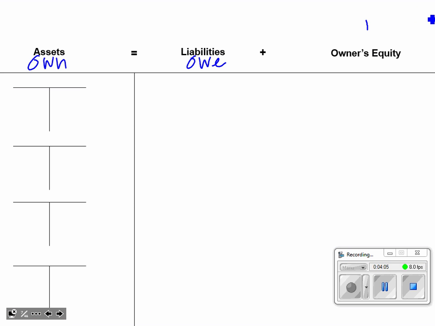Owner's equity is what we're worth, or what's oftentimes called residual equity, or in other words, what's left over. So if I own a house but owe the same amount on that house, my residual equity or my worth is nothing, because I owe just as much as I own. Okay?